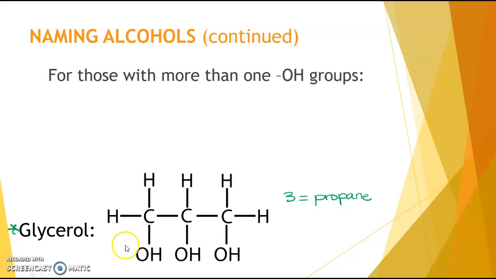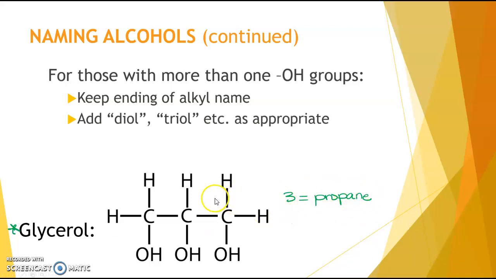If you have more than 1 hydroxyl group, you are going to keep the ending of the alkyl name. You're going to keep it and then add diol or triol as appropriate. So when I say keep the ending of the name, we're just not dropping the E in that case. Since I have 1, 2, 3 hydroxyl groups, I'm going to call this propane triol.